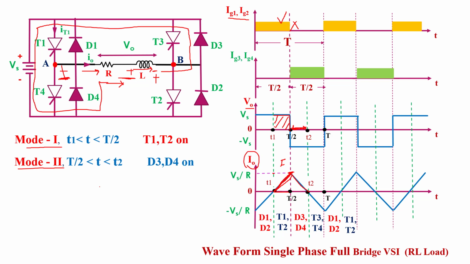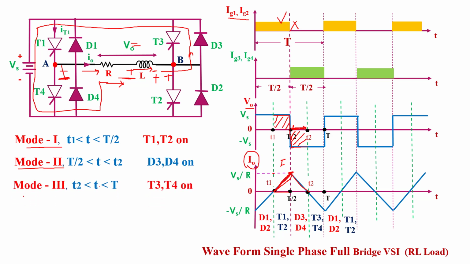So this terminal A is negative and terminal B is positive, because the current direction is B toward A. So the output voltage is also negative, minus Vs. Here we draw the output voltage waveform. In this time, when the inductor releases its energy, the D3 and D4 diodes conduct, and the output voltage is minus Vs, because current flows from B toward A, following this path. So A is negative with respect to B.